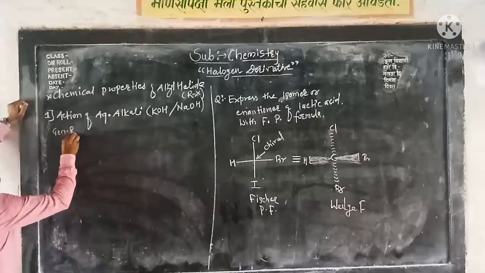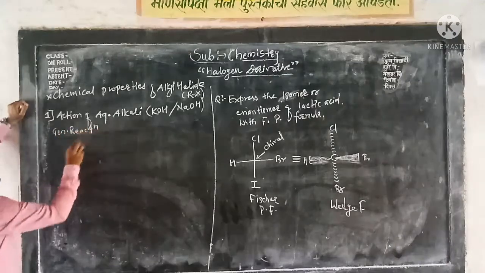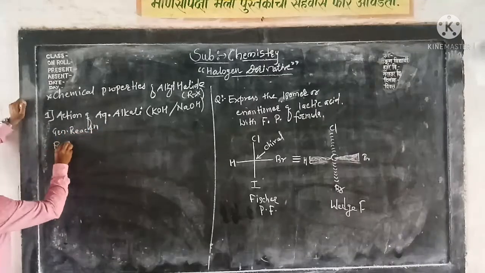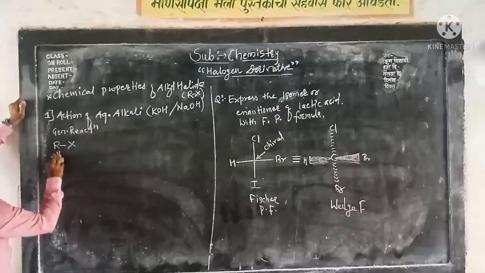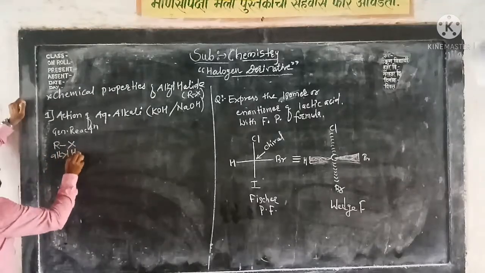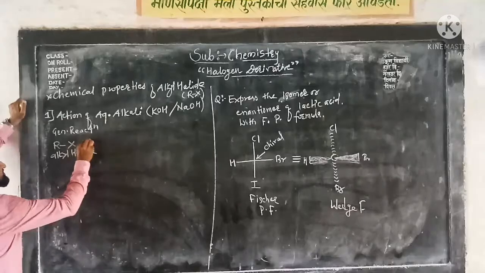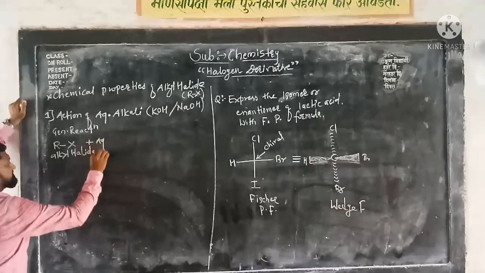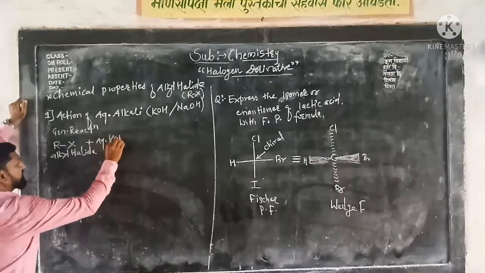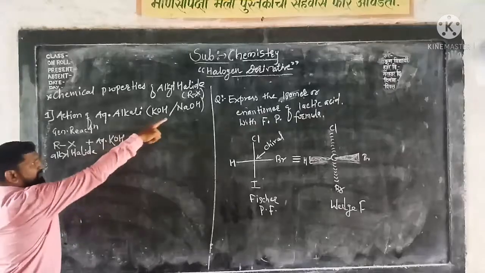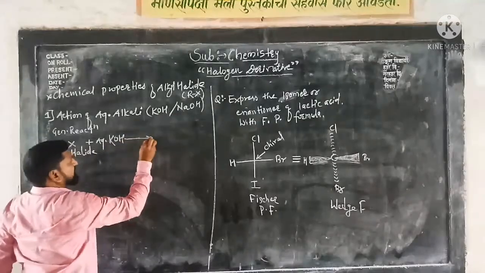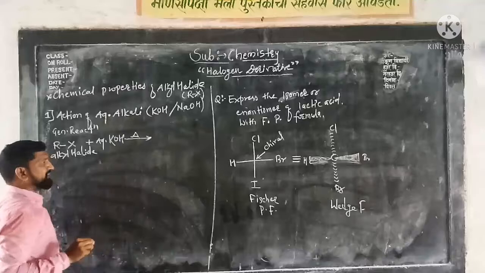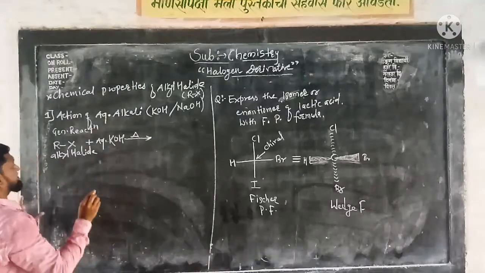Without wasting a moment, let us take a general alkyl halide, R-X, plus aqueous alkali, that is potassium hydroxide. Instead of this you can take sodium hydroxide. Slight heating is necessary for this reaction and a simple displacement takes place.